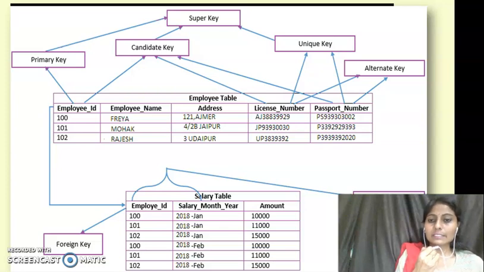Now after that, candidate key: if the employee ID field is not available, then we can use the combination of more than one column to make a candidate key, and if more than one combination of candidate keys is available, then at the same time one combination will play the role of primary key and the rest will play the role of the alternate keys. And the foreign key concept will work when we work with two tables. So the same column, employee ID, will play the role of primary key in one table and foreign key in the other table.